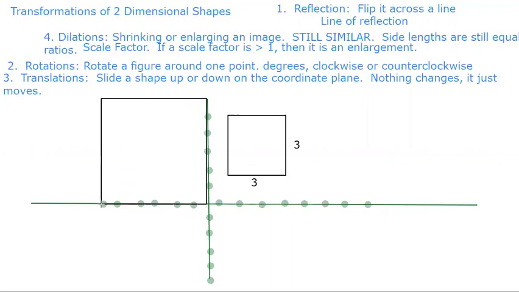So there's one of them. This is A, B, C, D prime. This is A, B, C, D.